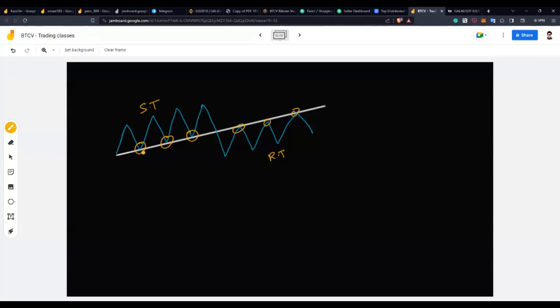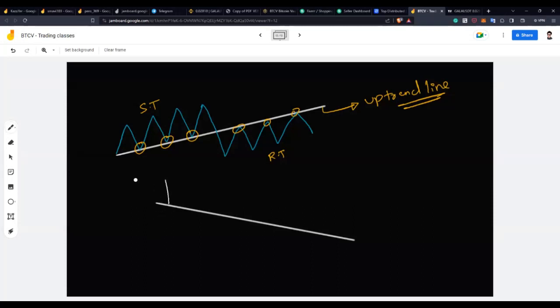Usually, if we have a trend line which is moving in the upward direction like this, we call it an uptrend line. And if we have a trend line which looks something like this, and let's say the market is moving on it like this, again the same logic.